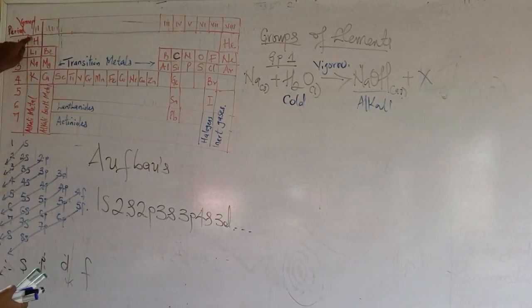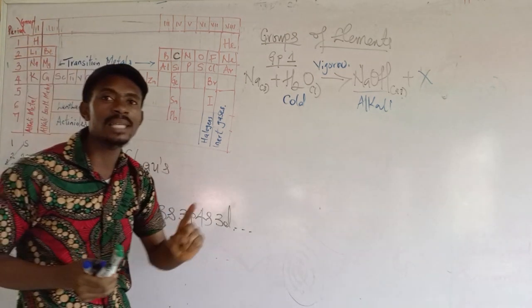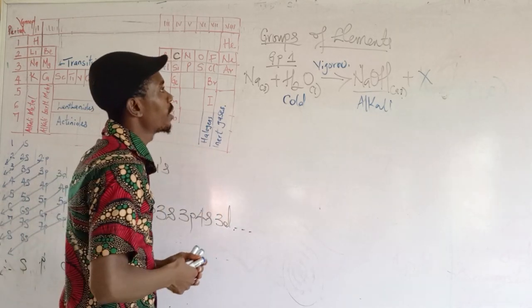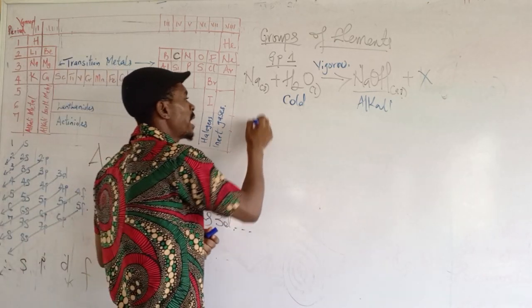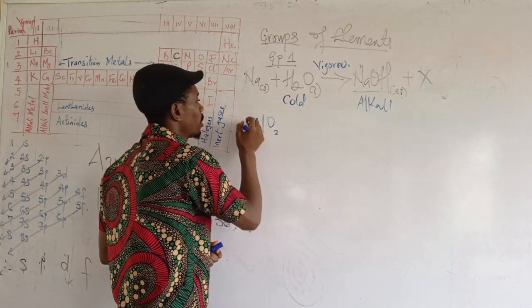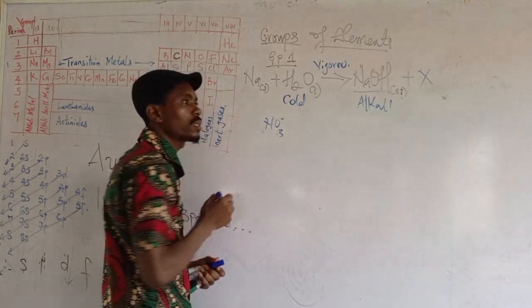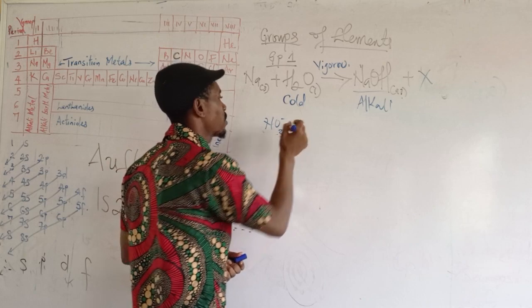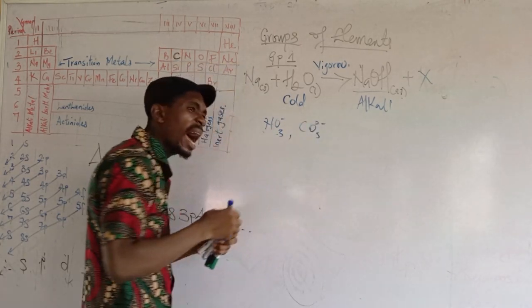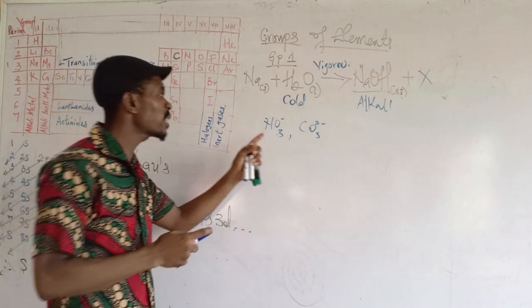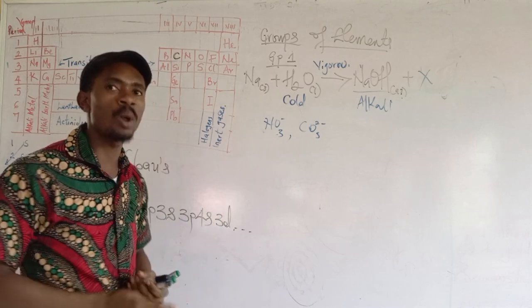All but hydrogen are metals. Hydrogen is a gas, and it is the lightest gas on Earth or in the periodic table. Another thing about group 1 is that their nitrates, NO3 minus, and their carbonates, CO3 2 minus, are soluble in water.